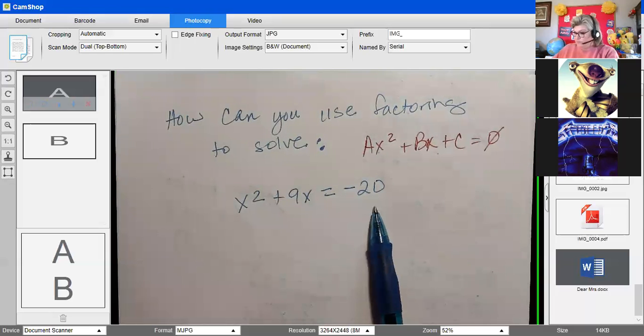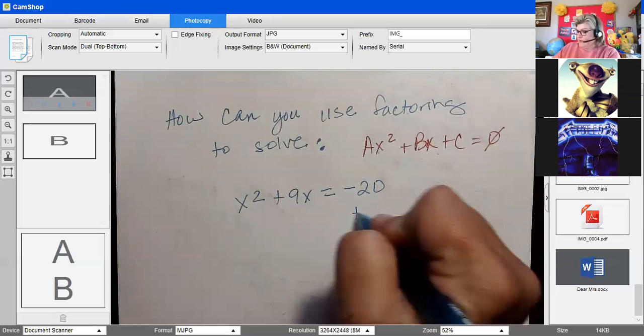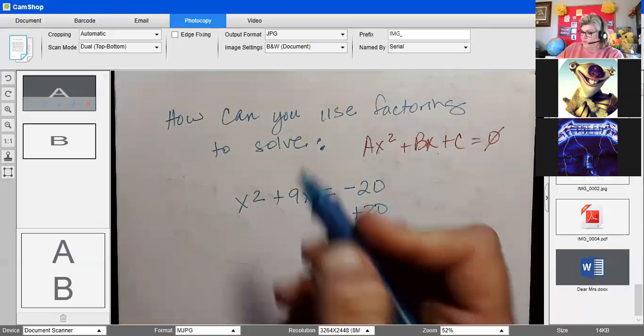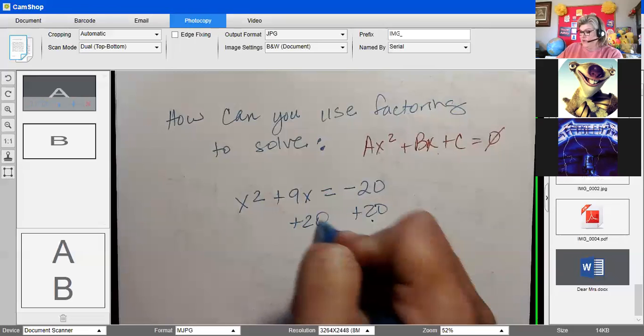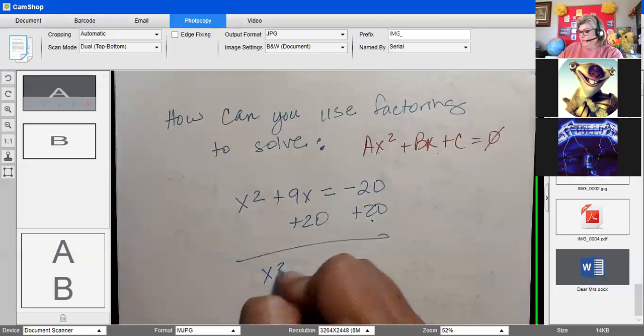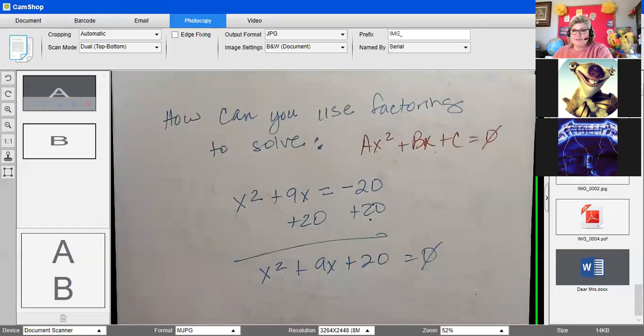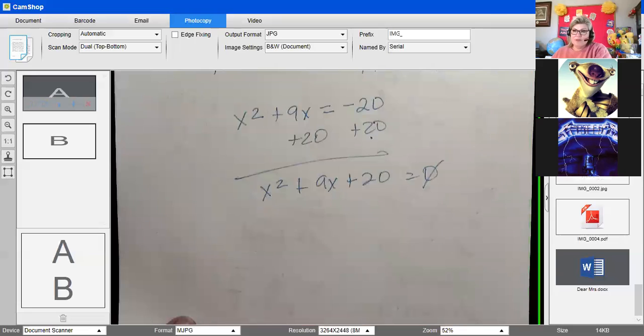Plus 20. Positive 20. Whatever we do to one side, do to the other. And so now we have x squared plus 9x plus 20 is equal to 0. So it's in standard form.